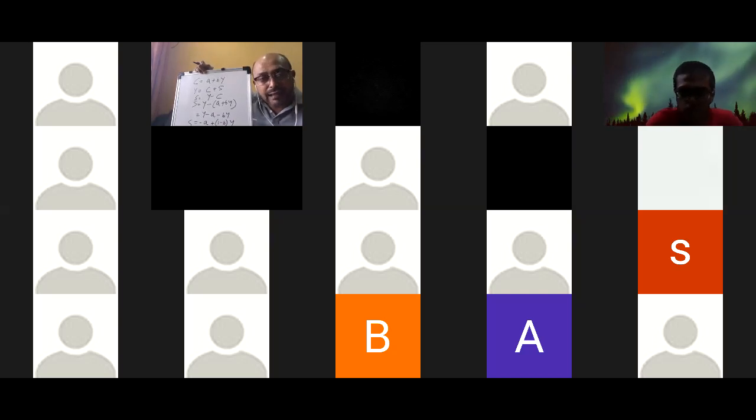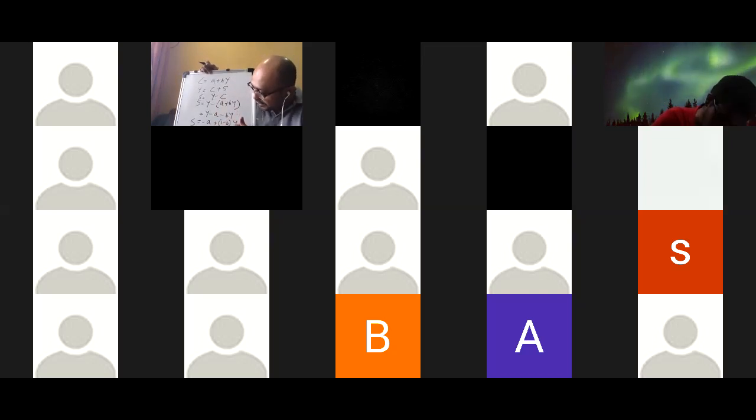It is assumed that it is dissaving. That means you are using your already accumulated savings. That is why when income is 0, S is minus A. Minus A is that dissaving, the amount of A.